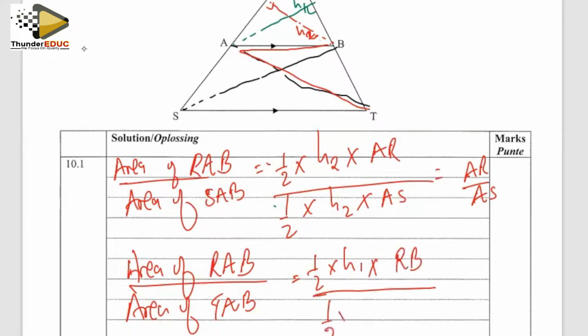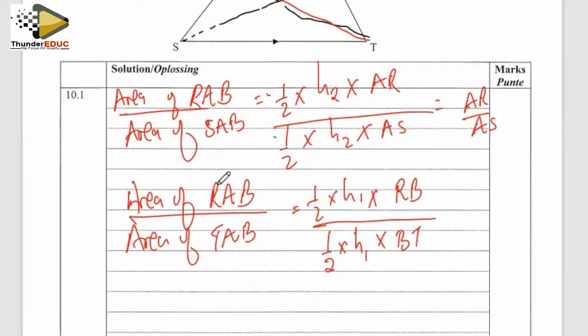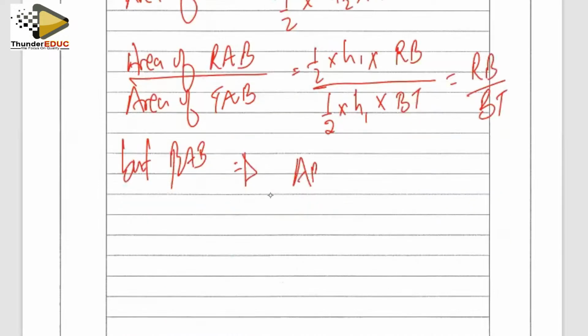Then a half multiplied by the height, which is H1, and then BT or TB as our base. So that cancels that, which means RB over BT. But we know that the areas of RAB in both triangles are basically the same. So let's equate those ratios and say that therefore AR over AS should be the same as RB over BT.